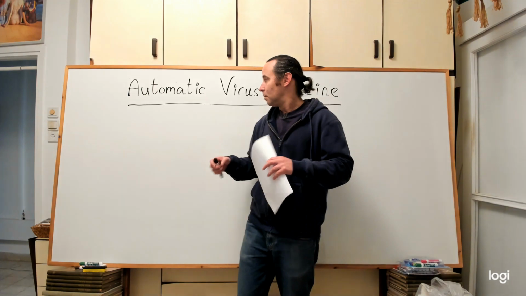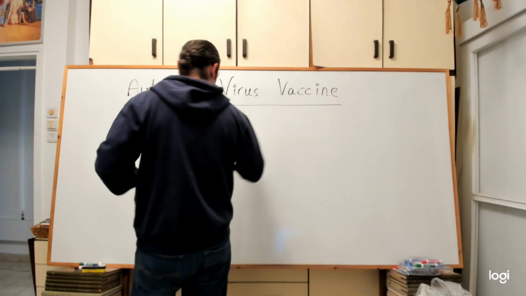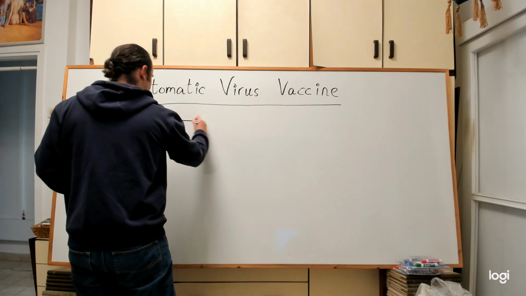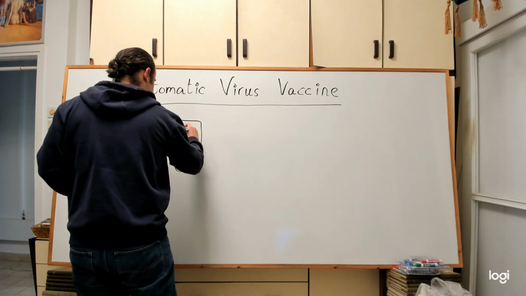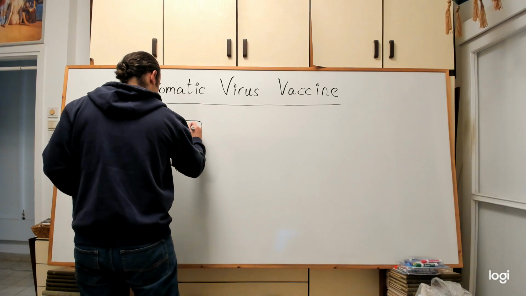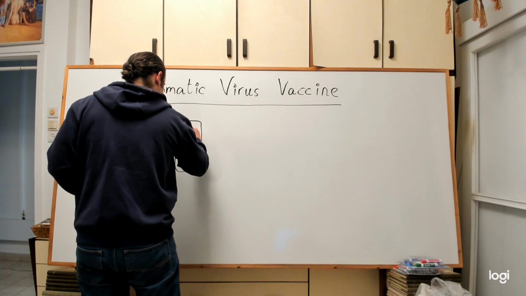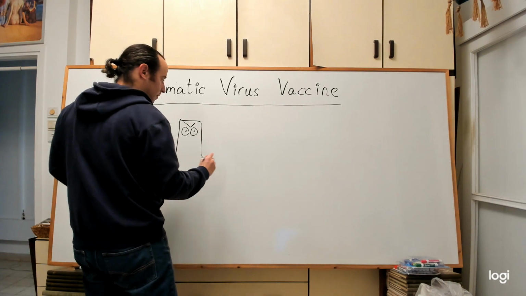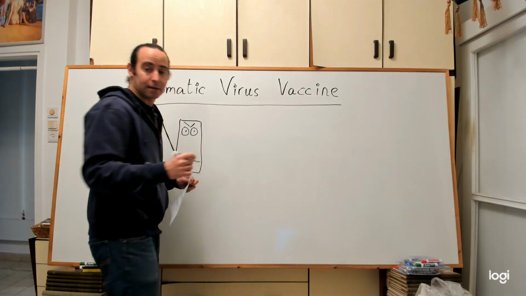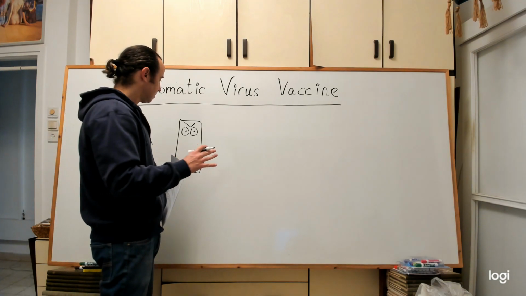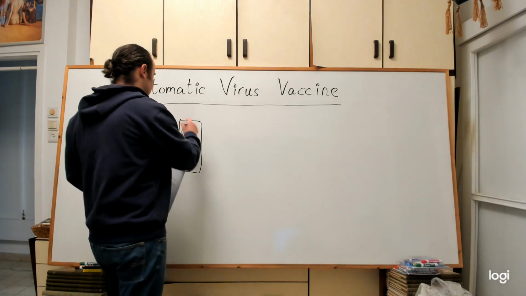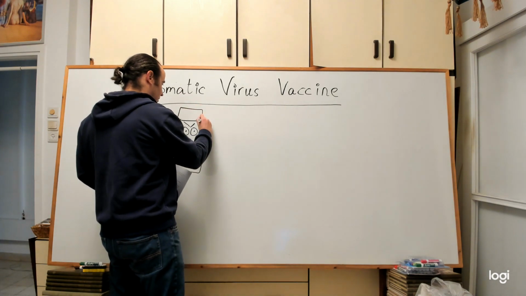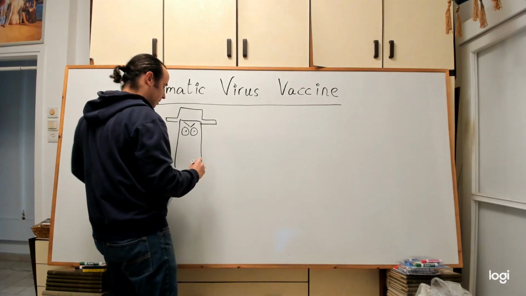Okay, so they have the bad virus, and they see that it has something typical, like for example it has a head, or it has a tail.